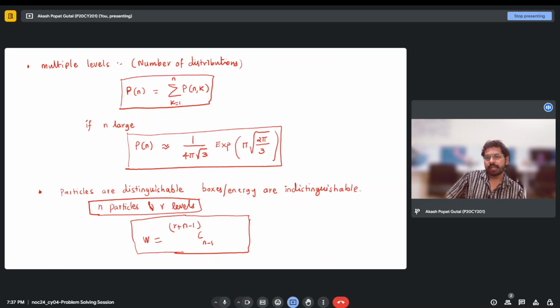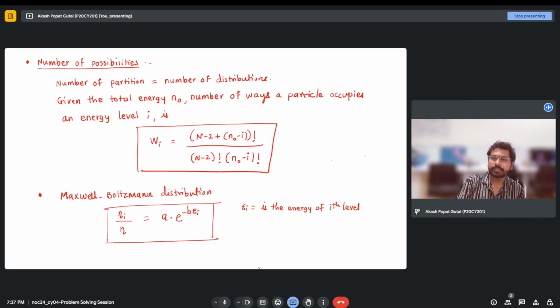And if we have multiple levels, how we can calculate the distribution is the same thing we have seen. Particles are distinguishable and the box's energies are indistinguishable. In that case, what should be the microstates?